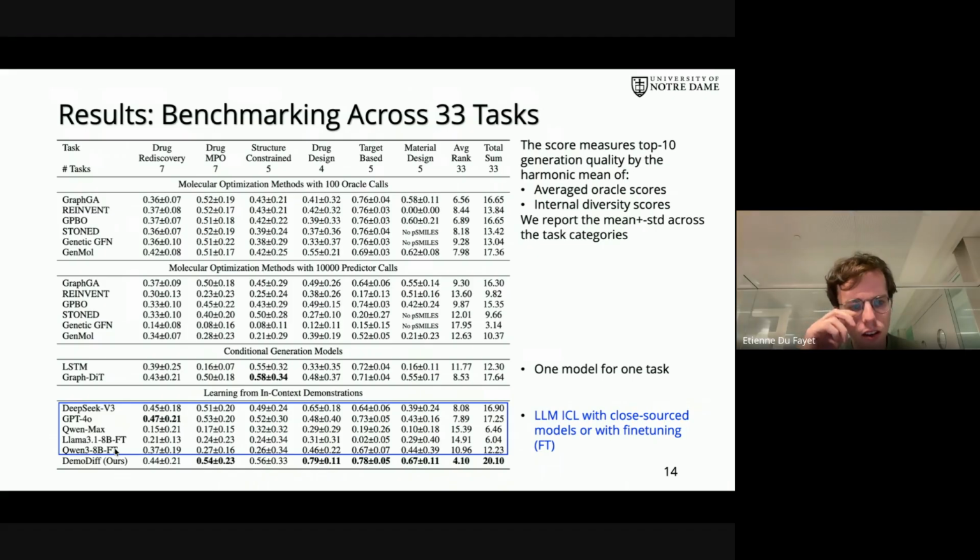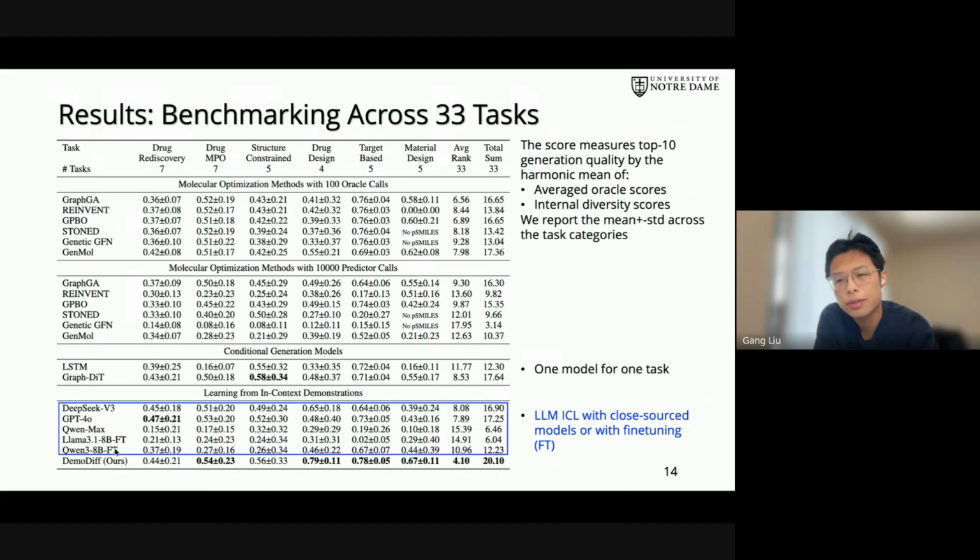So we are asking the LLM to design molecules that look like the context, or you give them the scores and the molecules and ask them to design a new one. But with what kind of vocabulary do you design such a molecule with the LLM? I just use the original vocabulary.